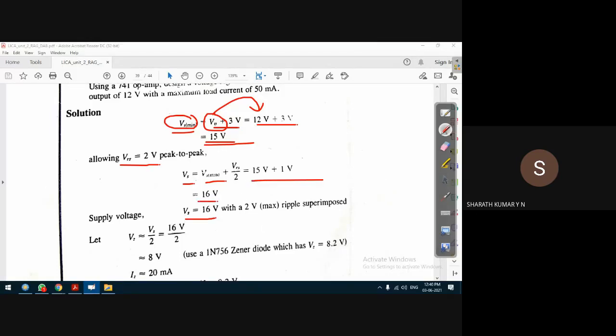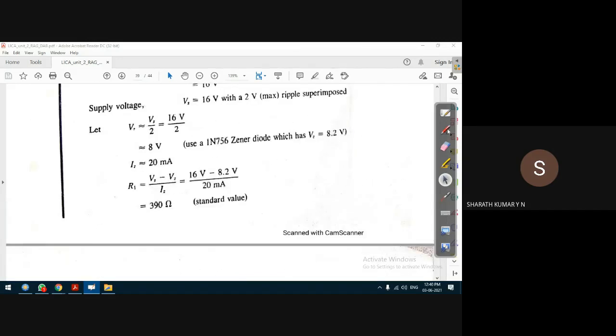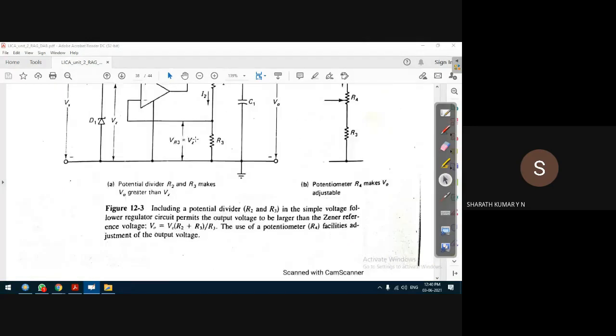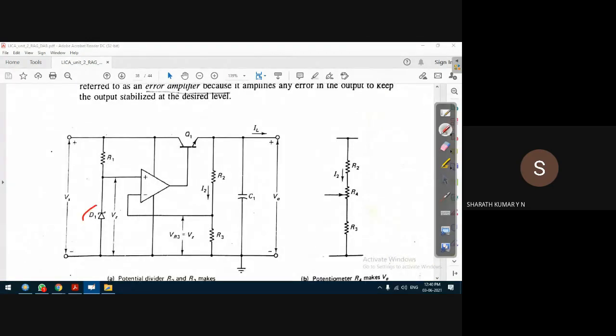With a supply voltage of 16 volts and a ripple content of 2 volts, we can calculate the Zener voltage as Vz of approximately Vs by 2. It is approximate because this is the supply voltage across the Zener diode network, approximately 16 volts, and we take half of the supply voltage, so Vz is equal to Vs by 2.